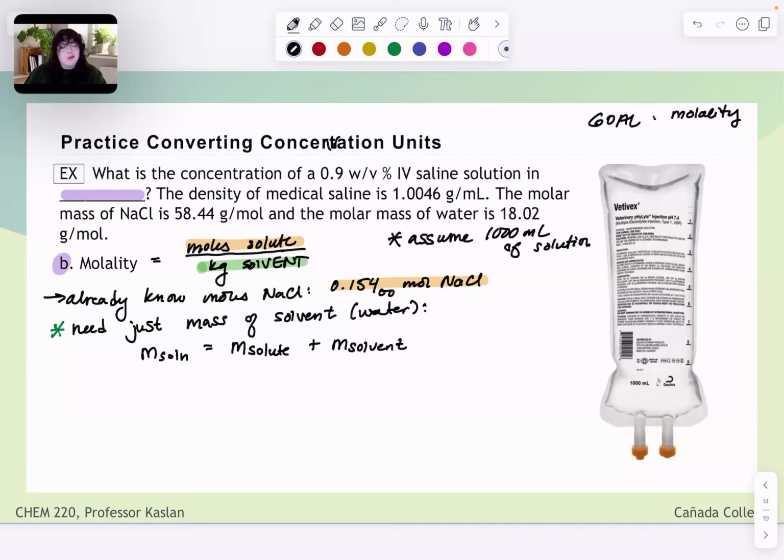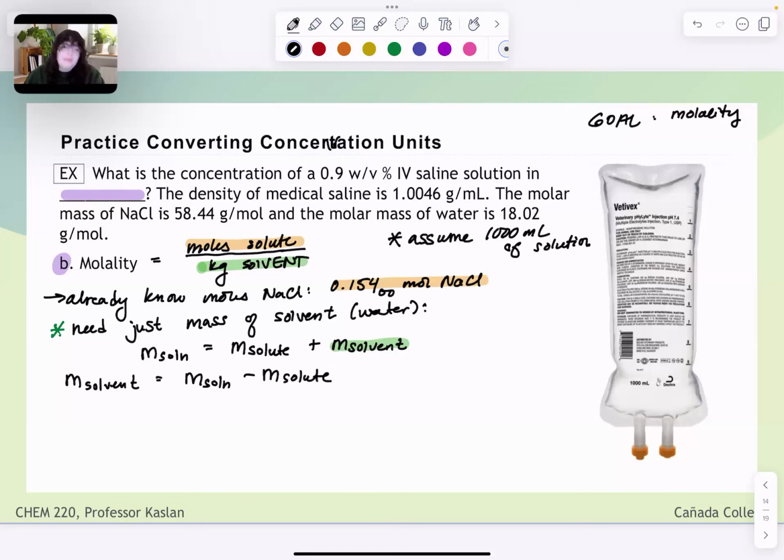That's all we're saying here. So let's look at this a little bit closer, right? We're trying to find mass of solvent. So we could rearrange this so that mass of solvent is equal to the mass of the overall solution minus the mass of the solute.